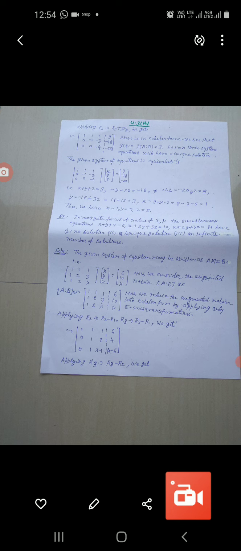Now we will discuss one more important example. This is sometimes asked in your exam, so do this carefully.